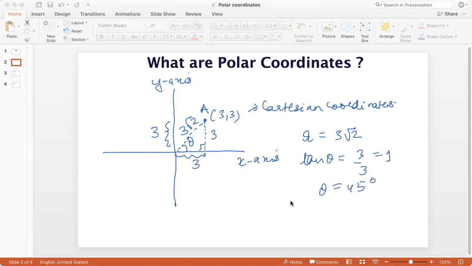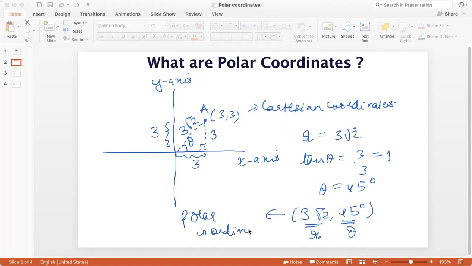So I can represent point A as 3 root 2, 45 degrees, because this gives me the distance of the point from the origin, and this gives me the inclination of the point with respect to the positive x-axis. And these coordinates are called polar coordinates, right? These are called polar coordinates.